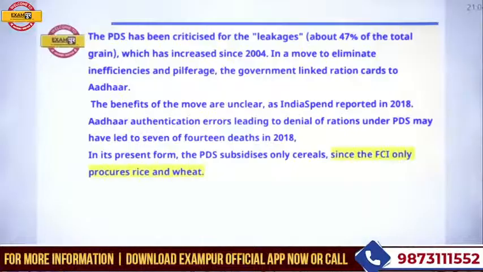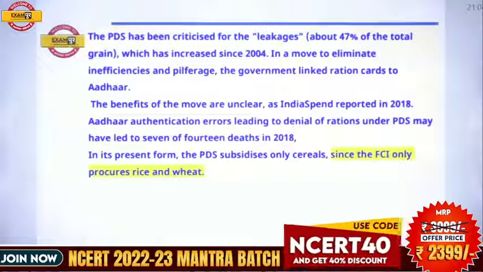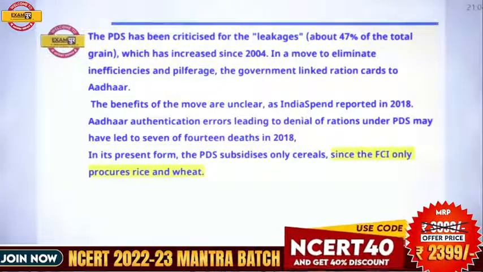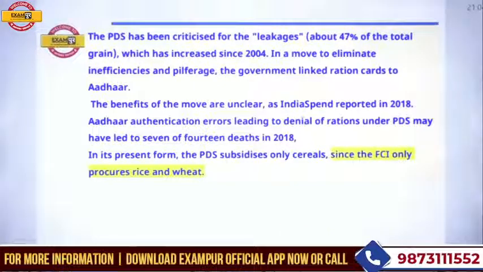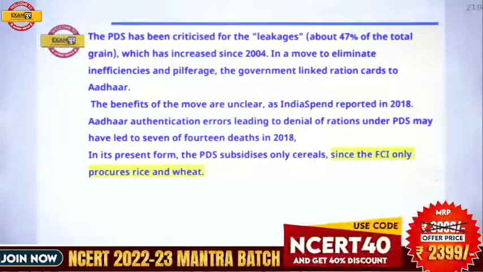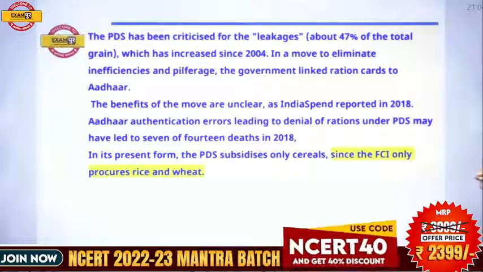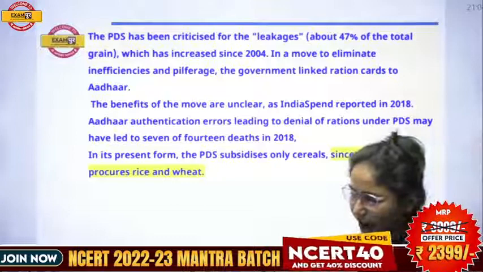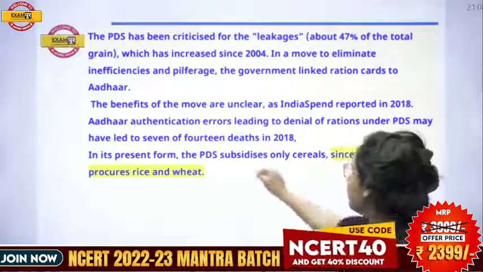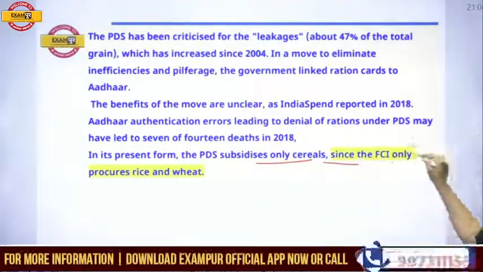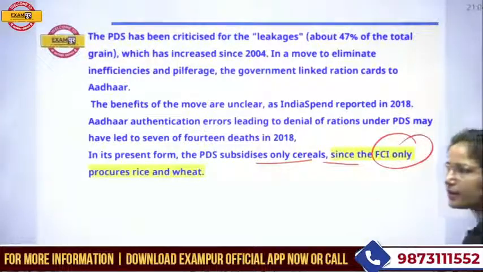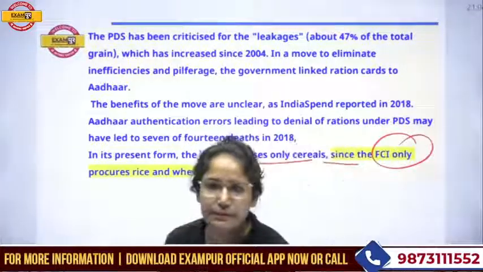Next is all about criticism for the leakages. 47% of total grain increase, which has increased since 2004. In a move to eliminate inefficiencies and pilferages, the ration card was linked to Aadhaar. Benefits of the move are unclear. We are talking about various kinds of leakages you see in the scenario, like PDS subsidy only for cereal, since FCI only procures rice and wheat.